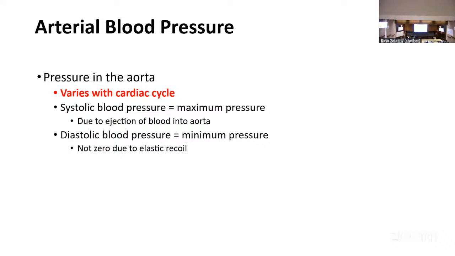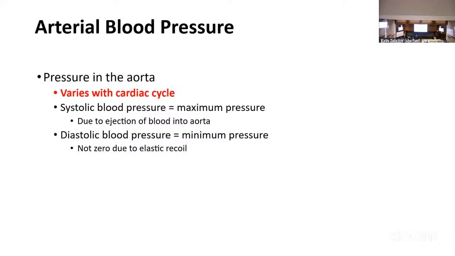Okay. So when we measure blood pressures, like if you get your blood pressure measured at the doctor's office, we are going to be trying to measure both of those pressures. When we think about mean arterial pressure, mean is an average. So we're averaging our systolic blood pressure, our maximum pressure during systole, during ventricular ejection, while we have lots of blood coming into the aorta.